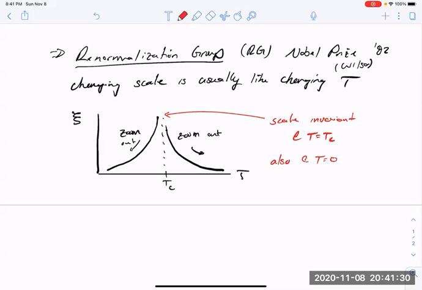Similarly, the system is scale invariant at infinite temperature. At infinite temperature, the correlation length reduces to just a single lattice site. Spins are independent of each other. So I will see on average just one big gray blob.